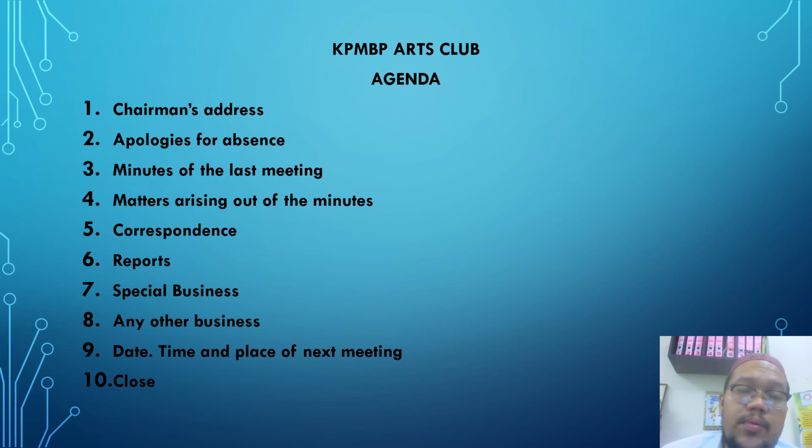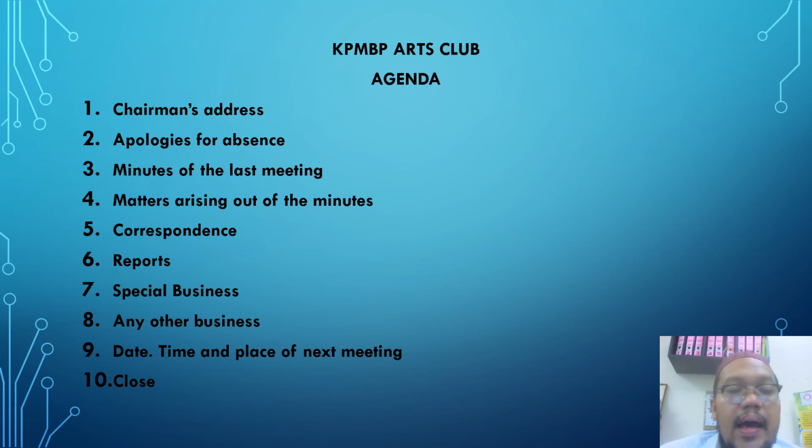Maybe you can put three special businesses to be discussed. Usually, if you want to do a mock meeting, you are required to do at least 3 special businesses. All right, but in reality, you must be realistic. If you have just 1 hour, maybe just 1 special business only.